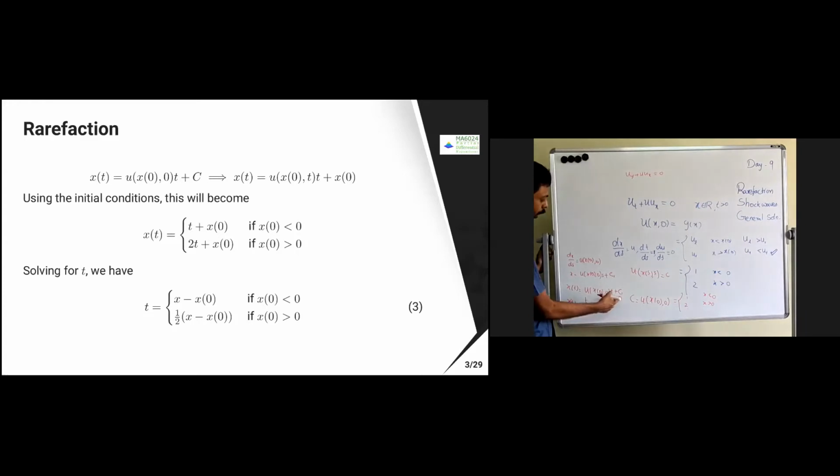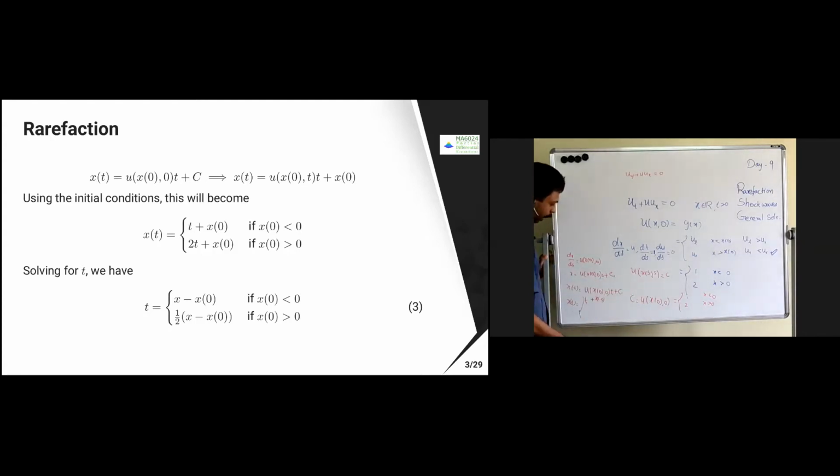I just substitute it over here. x(0) is nothing but the initial value, because here I have t. That c1 becomes x(0), because I'm substituting t equal to 0 here. If I put t equal to 0, this becomes 0 and only c1 will be there. So c1 is nothing but x(0).